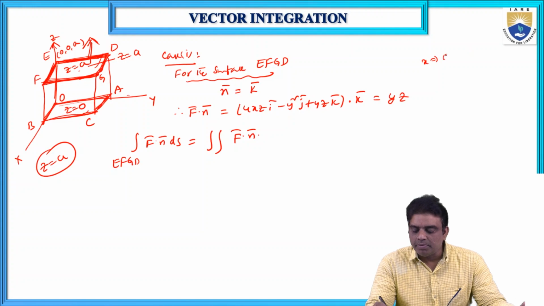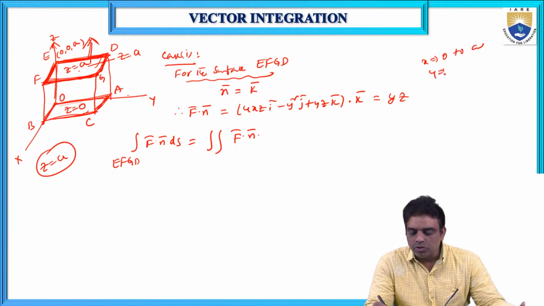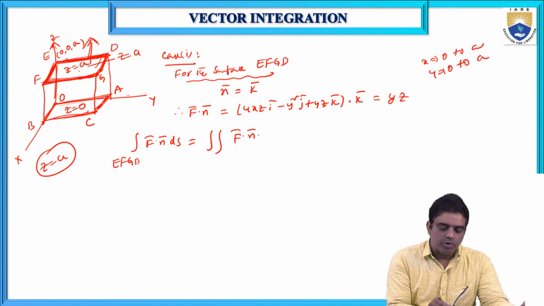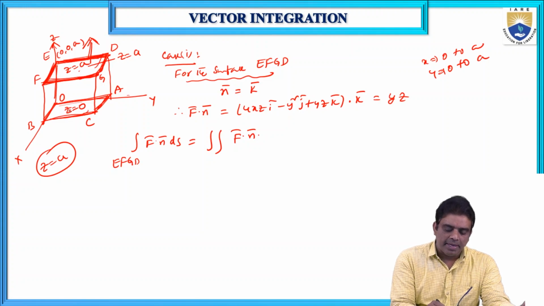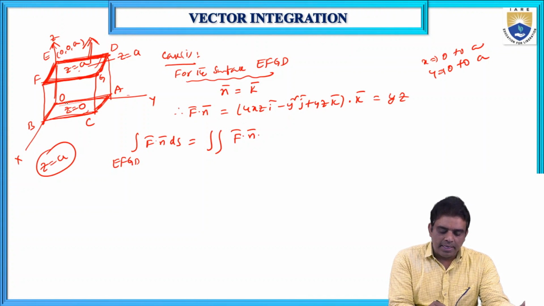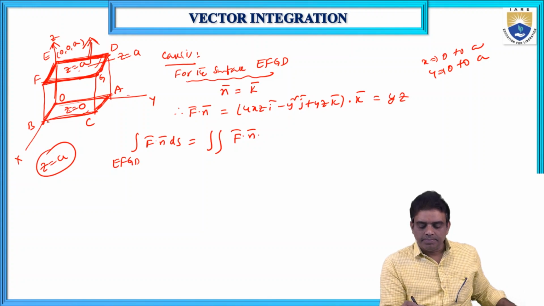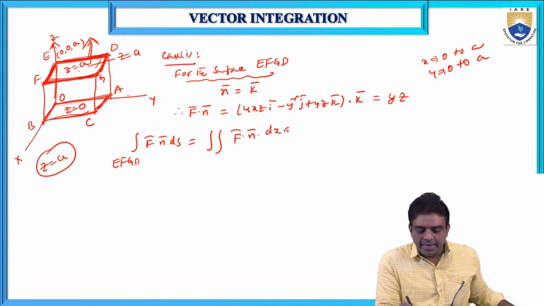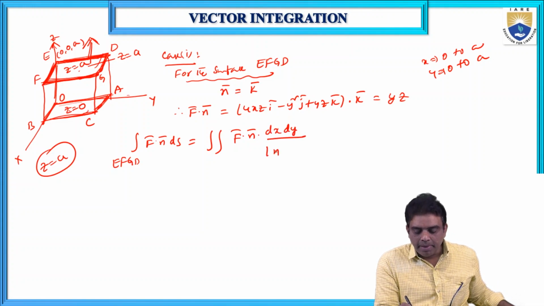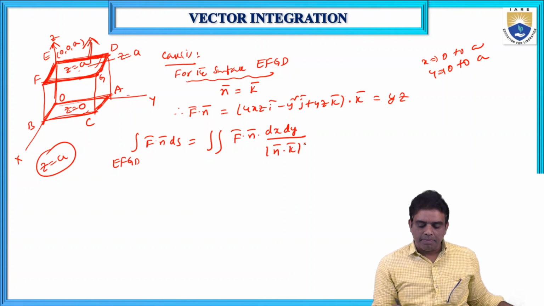Here x varies from 0 to a and y also varies from 0 to a. The projection of this plane is on the xy plane, so ds equals dx dy by magnitude of n cap dot k bar.